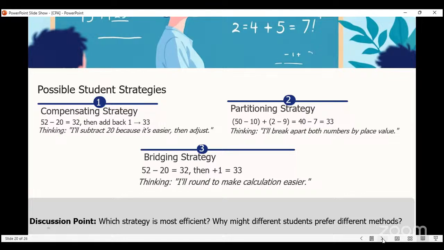Please try not to label any method as better than the other. Let the children be the ones making their choices, not because it's better, but because they find it more appealing to themselves.